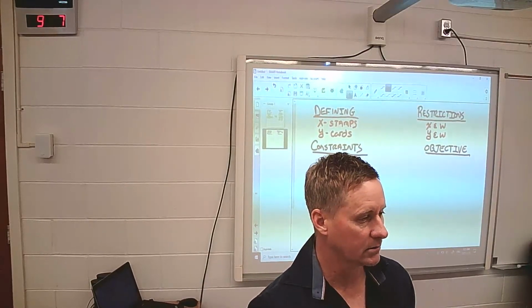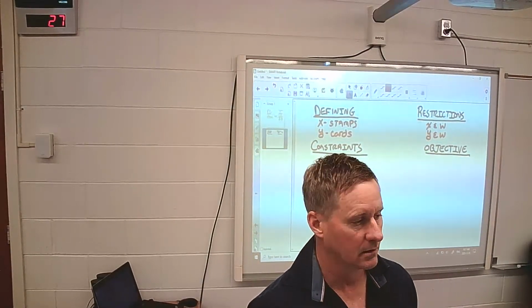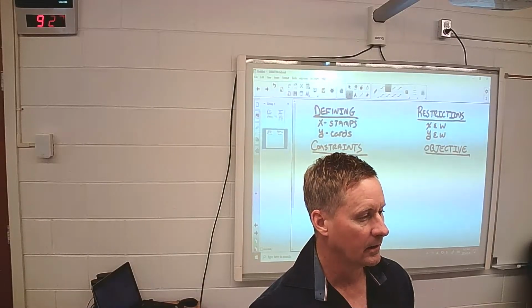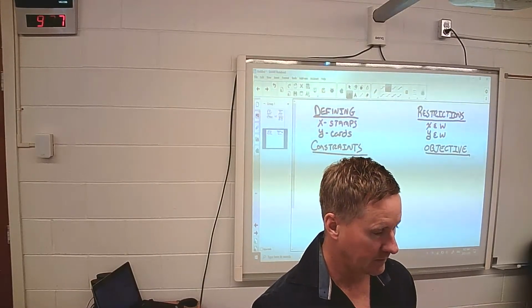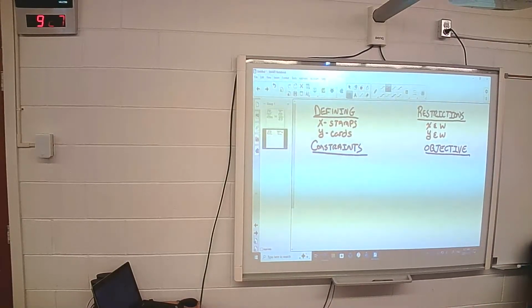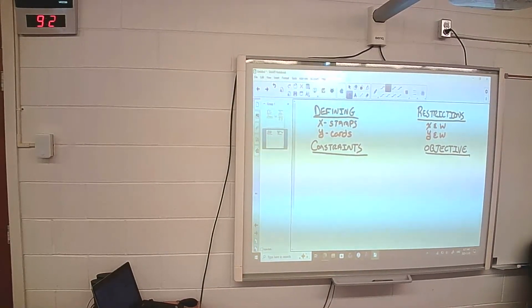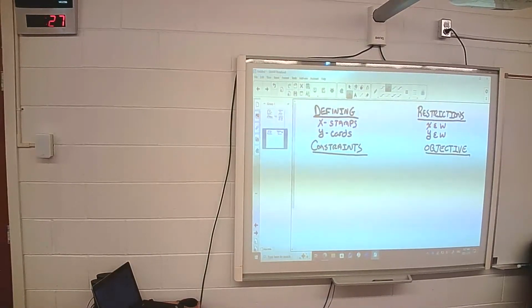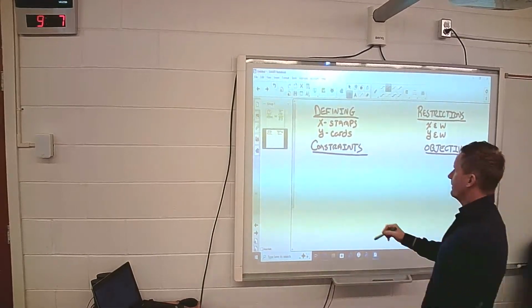Because it's all the numbers that are less than 100. The word at most means it has to be less than that amount. X is less than or equal to 100.